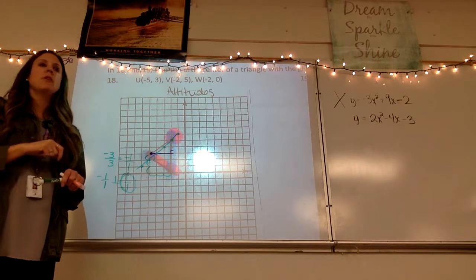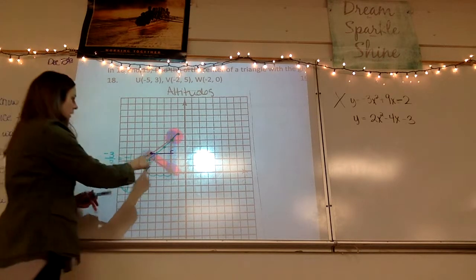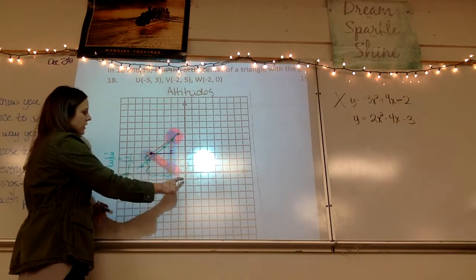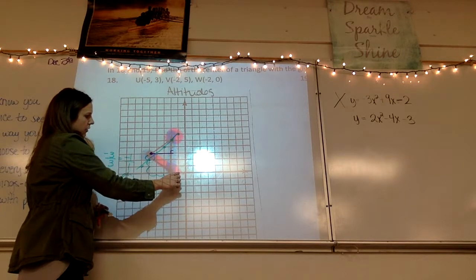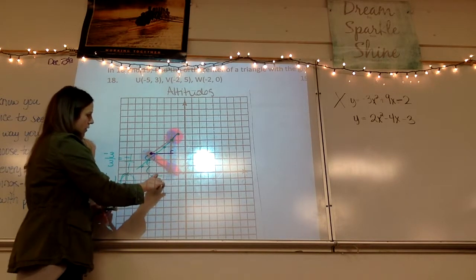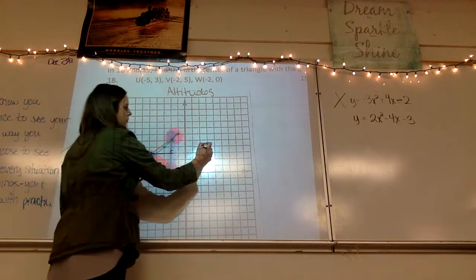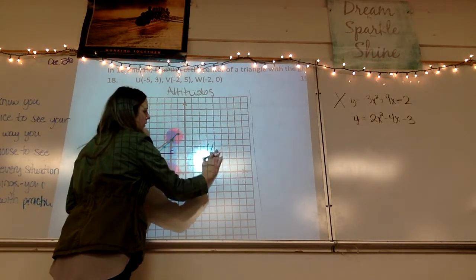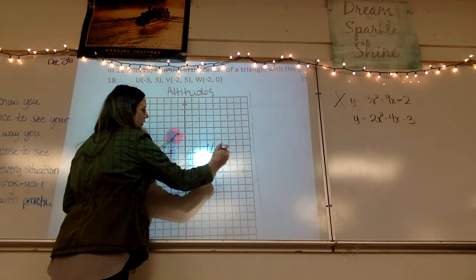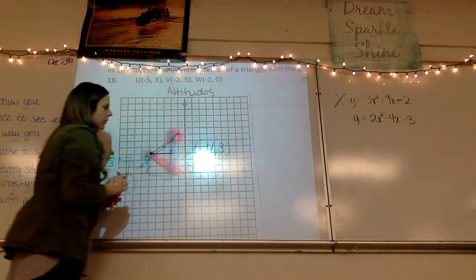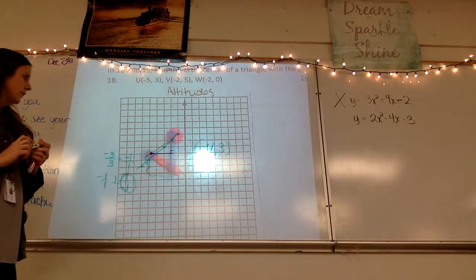That will happen for you on the assessment as well. So notice how it's a perfect connection right there. So it's at negative 4, 3. There's your orthocenter. That's your orthocenter. Yep.